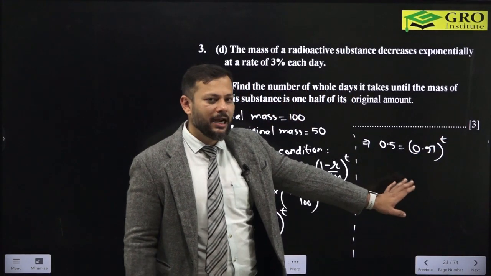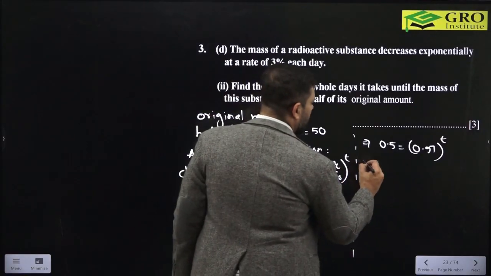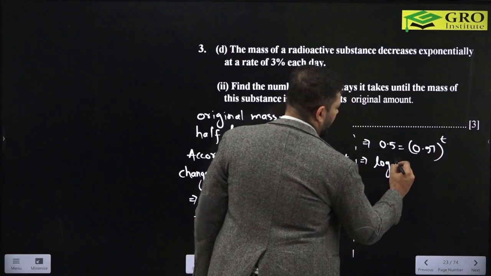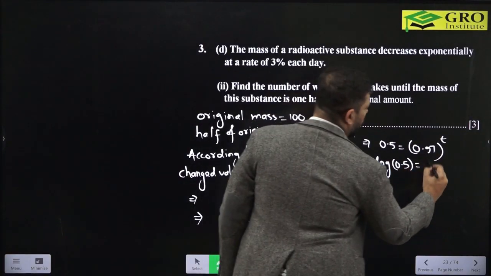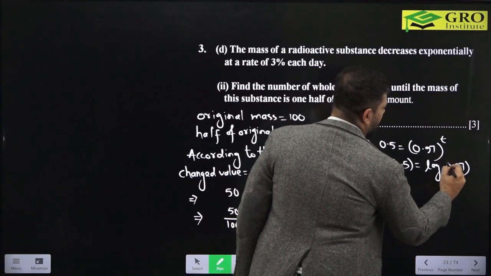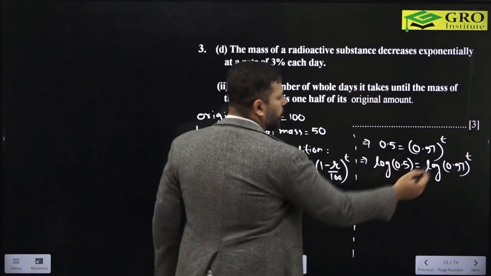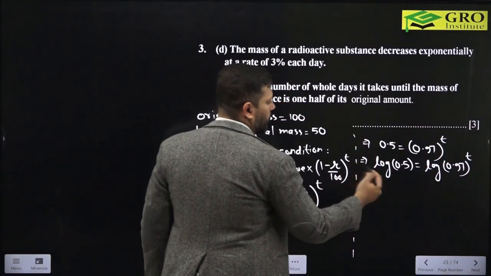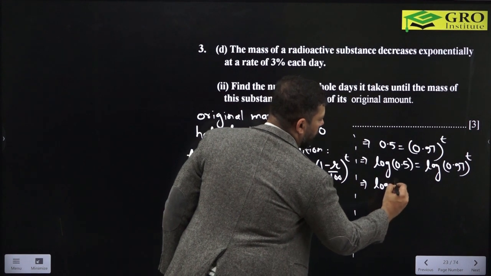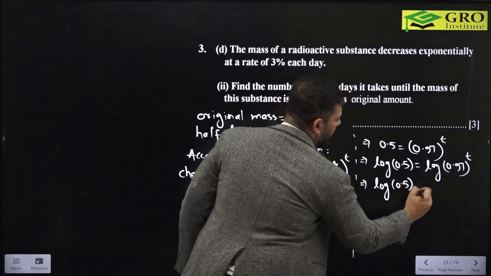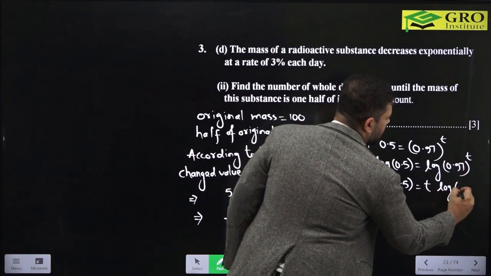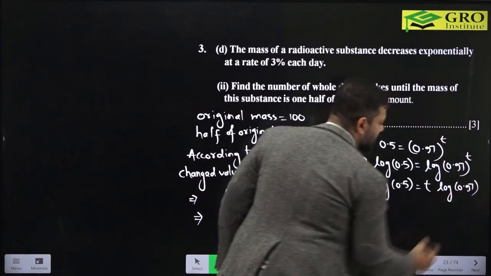How can we solve this? Let us take log on both the sides. So if I take log, it would be log 0.5 equals to log of 0.97 raised to power t, and we know that if it's power or exponent, we will make it as the coefficient. So this is going to be log 0.5 equals to t times log 0.97.